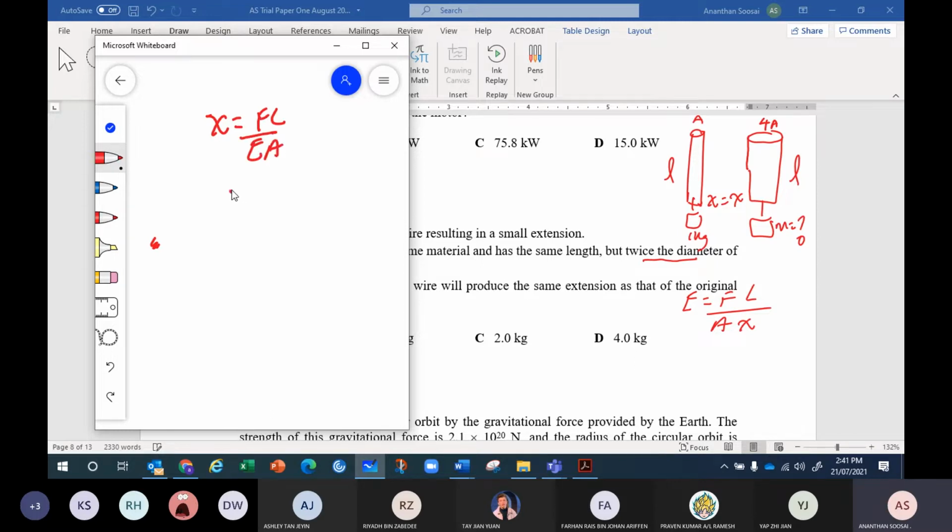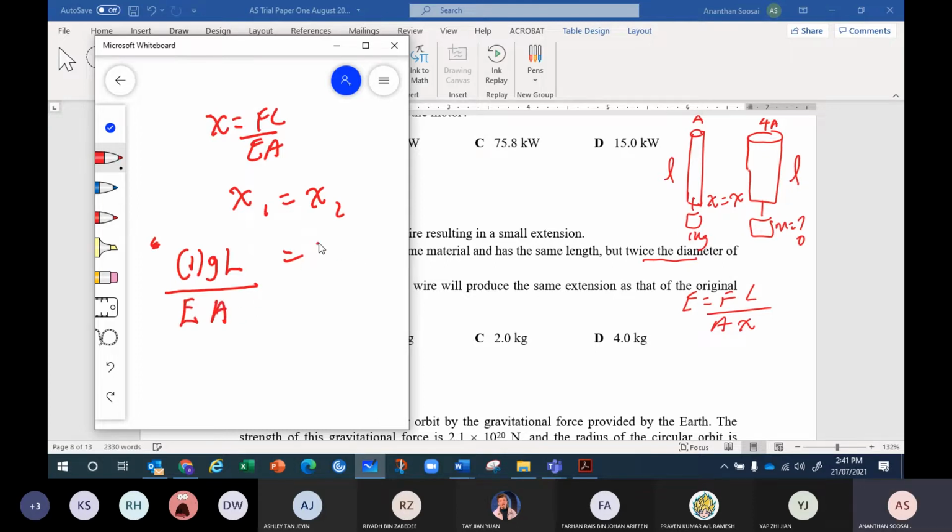So because extension for both wire 1 and 2 is the same, put the values. The force is mg. For the first wire, m is 1, g is gravity, L is L, Young modulus is E, area is A.